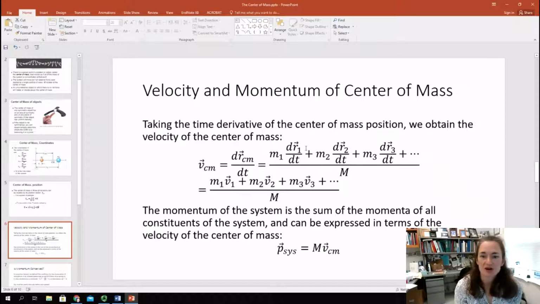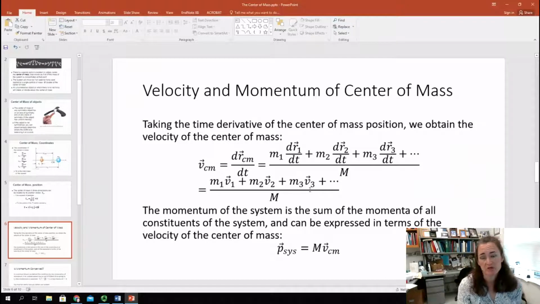Of course, dr1/dt is just the velocity vector for object 1. So you could write that expanded as: the velocity of the center of mass is equal to m1 v1 plus m2 v2 plus m3 v3, and so on, divided by the total mass of the system. You might notice that m1 v1 plus m2 v2 plus m3 v3 is just the total momentum of the system.